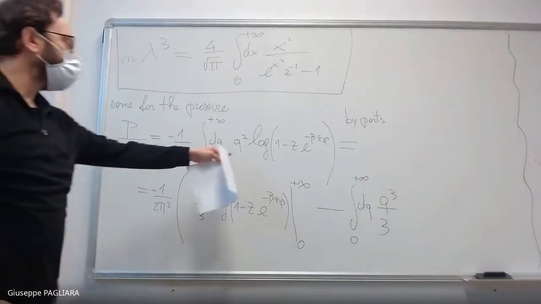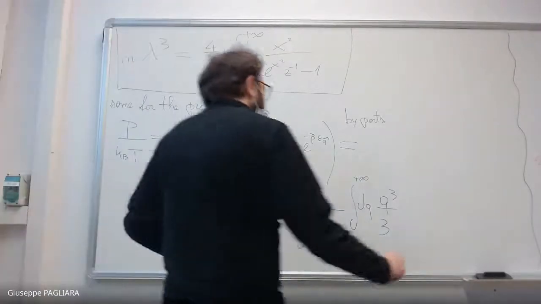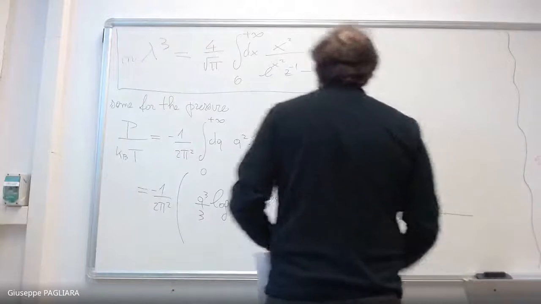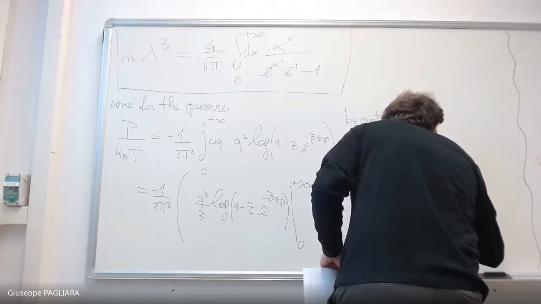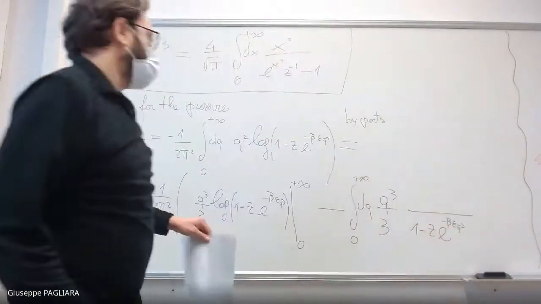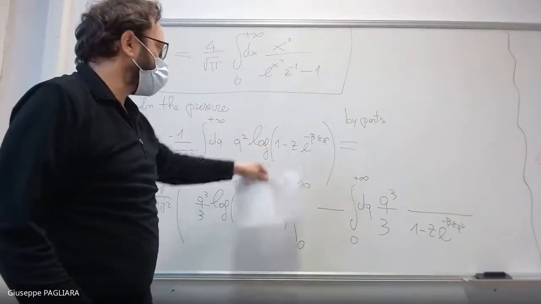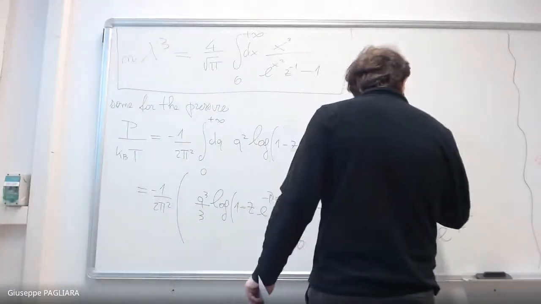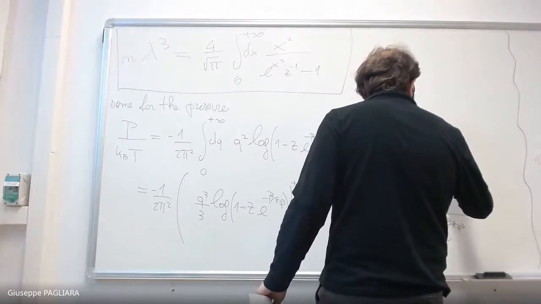Then I have the derivative of this quantity with respect to q, which is 1 over 1 minus z e to the minus beta epsilon q. I'm doing the derivative of the log, so then I have to derive this quantity with respect to q. So I will have a minus z e to the minus beta epsilon q.